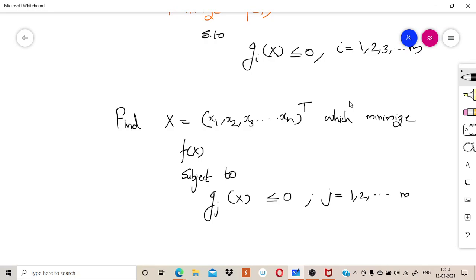So that means m number of constraints are there, of the form gj of x less than or equal to 0. Okay, so this is our CPP, that is convex programming problem standard form.